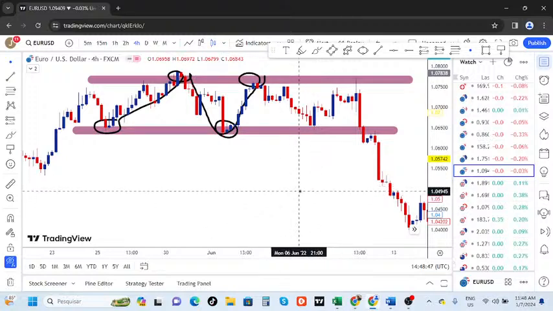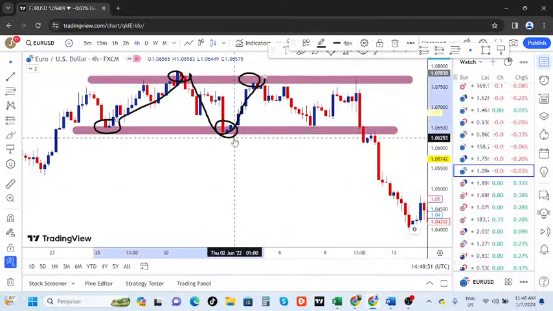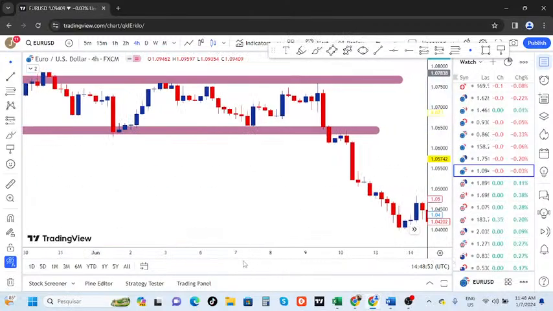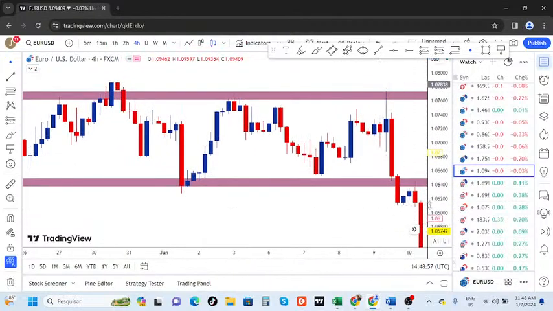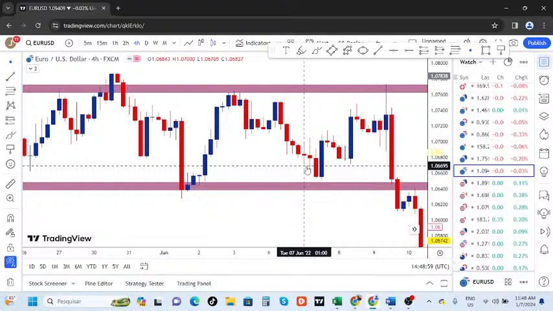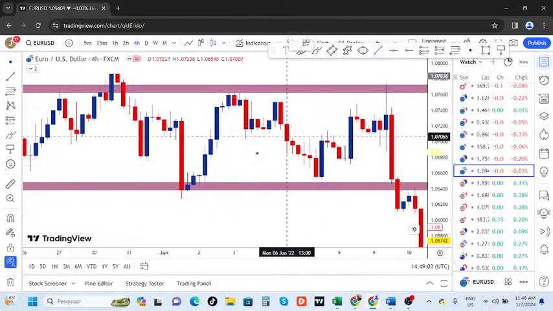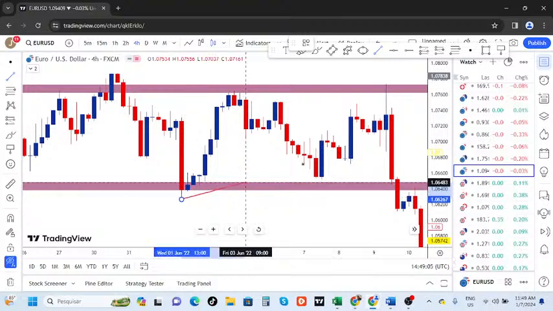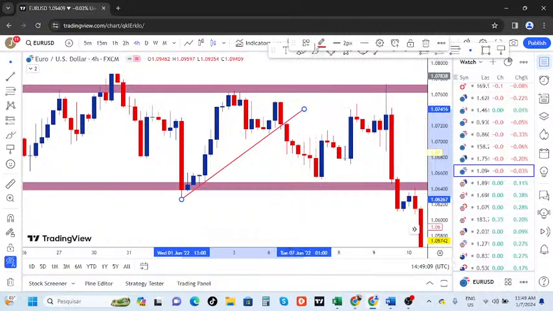I'm not going to buy. I'm only going to be looking for a sell opportunity. Why? Because I want my trade to be in alignment with the long-term monthly view. And I know for a fact that the market long-term view is going to sell long-term. So I'm going to be looking to sell the market all the time.